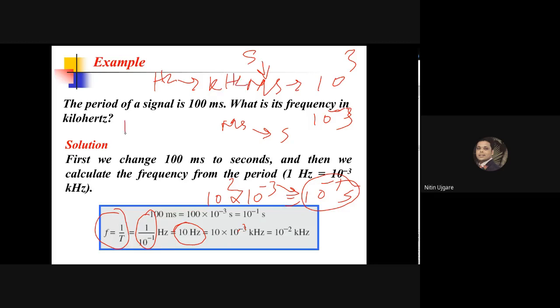I know that 1000 hertz is equal to 1 kilohertz. So that gives me the answer 10 to the power minus 2 kilohertz. So I hope you understood these units of measuring the frequency as well as the period of your signal.